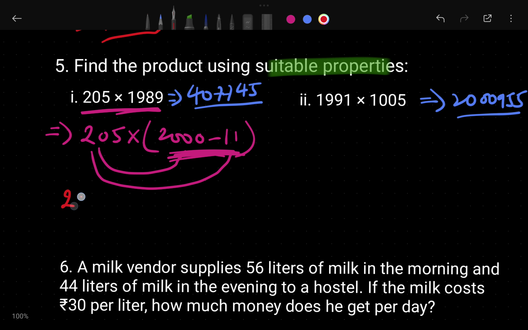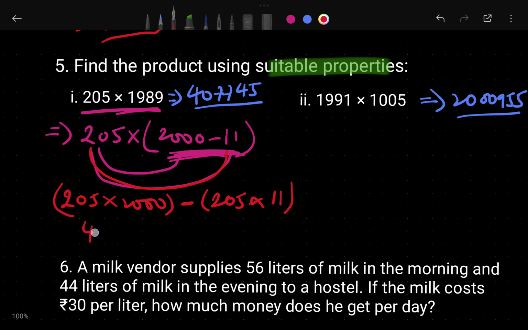This is going to be 205 multiplied by 2000, and here you always take subtraction, then 205 is multiplied by 11. Now multiply. If you multiply this one, your answer will be 4,10,000.